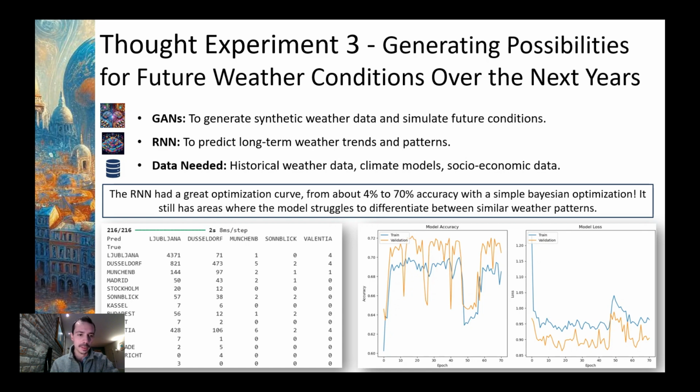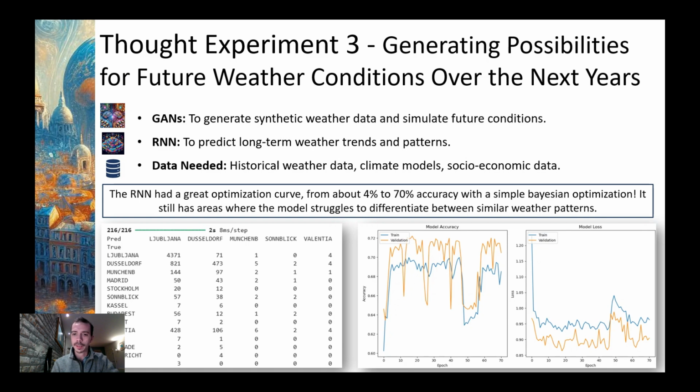Ljubljana was well recognized, then Düsseldorf also a lot, but afterward we don't even have all 15 weather stations. So there is still a big place for improvement on the RNN, and we could gain a lot, mostly on the prediction and on the time series analysis.